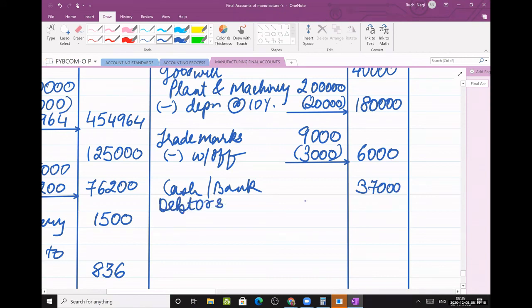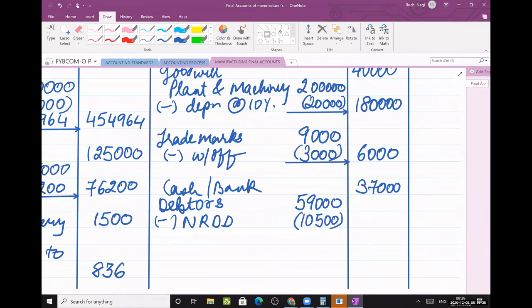Debtors, no, obviously there is an adjustment. 59,000 gross debtors less second effect of new RDD. Yeah, new RDD. How much was the answer? 10,500. Okay, take it in the outer column. So this will give me how much? 48,500.